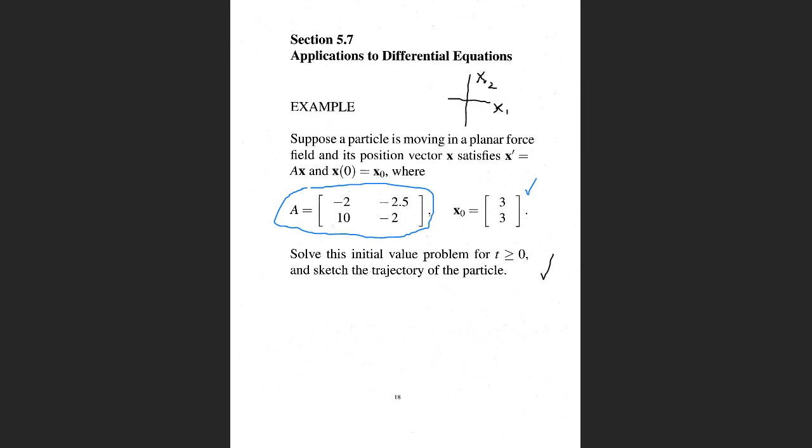Now what's the first thing that we need to find for this problem? Let's say you're working this out in homework. Eigenvalues, right? And eigenvectors. Good. Because we learned that if we can find those, we can get the solution.